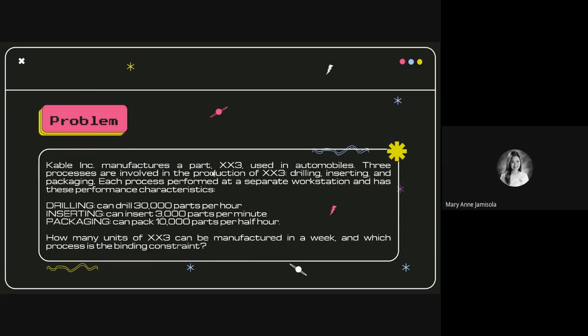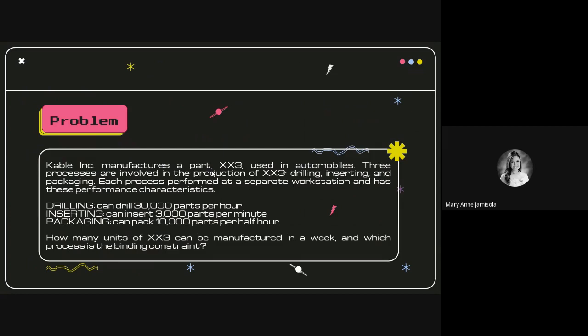Each process is performed at a separate workstation and has these performance characteristics. The drilling function can drill only 30,000 parts per hour. The inserting function can insert only 3,000 parts per 5 minutes. The packaging function can pack only 10,000 parts per half hour.